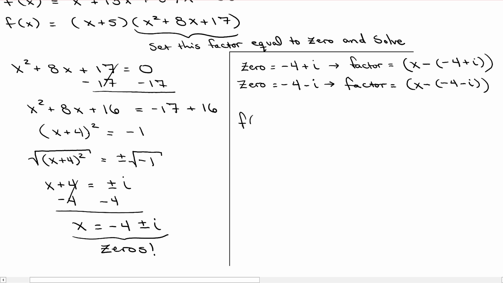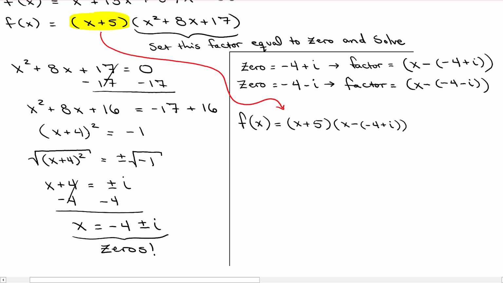All right, so we have f of x is going to be equal to, remember that original factor that we had found earlier, that x plus 5, from up here from earlier. Remember we found that by using the rational zeros theorem. And then we had x minus the quantity -4 plus i, and x minus the quantity -4 minus i.